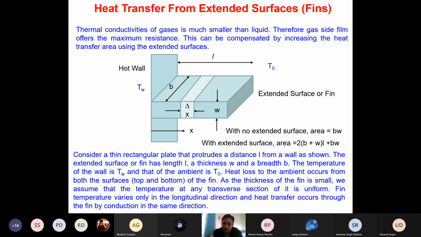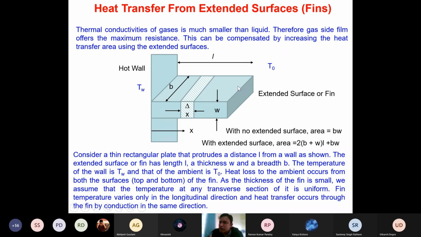Sir. So that means if the temperature of this extended surface along the longitudinal direction, along this x direction, is decreasing, then my driving force delta T is decreasing. What is the driving force in this case? At any location here, the driving force will be the actual temperature at that location in the fin minus the ambient temperature.